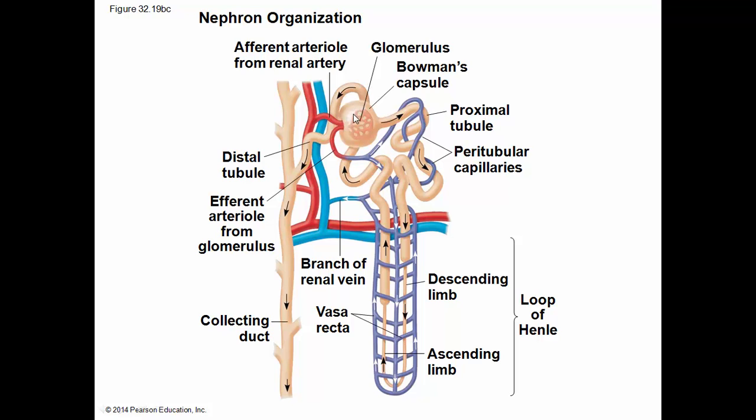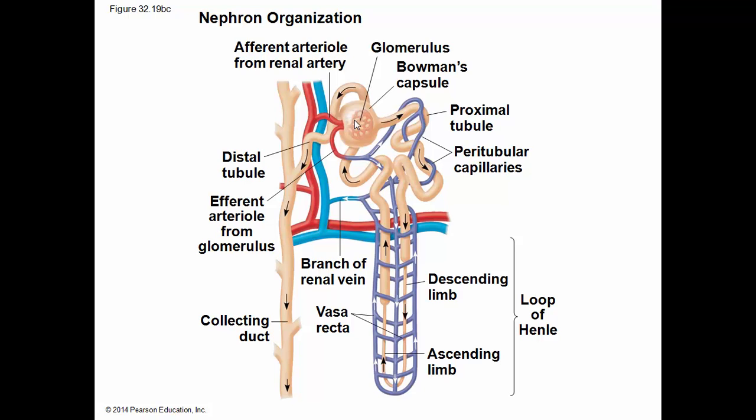It goes in and forms a capillary network in here. That capillary network is covered by the Bowman's capsule. The filtrate is formed when blood pressure forces fluid from the blood in the glomerulus into the lumen of the Bowman's capsule. That's the structure of the Bowman's capsule.